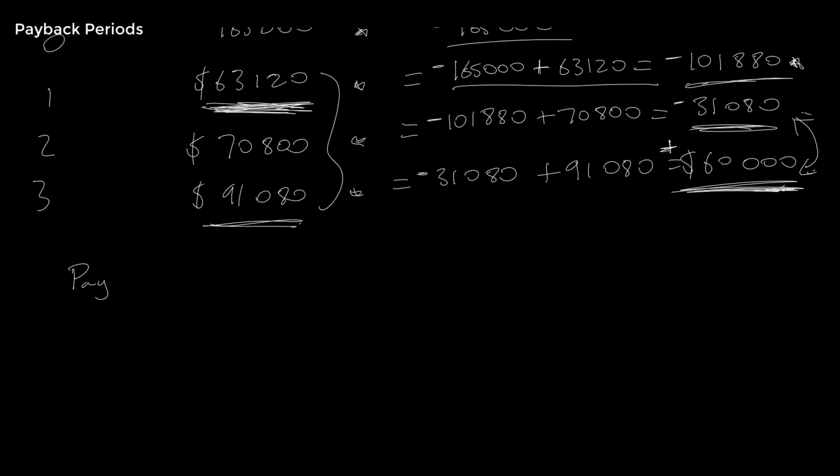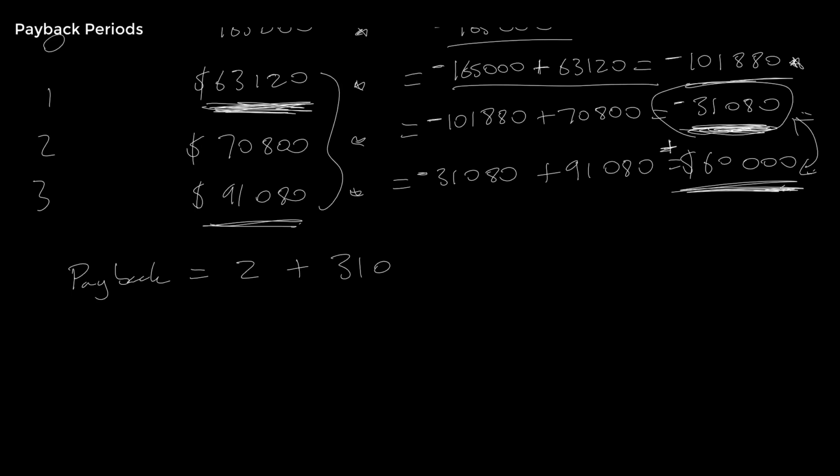So the payback period we know is between year 2 and year 3. Okay, so the payback period is equal to 2 plus some time just before year 3. Okay, and to work out the fraction, you take the last negative cash flow balance, which in this case is negative $31,080.